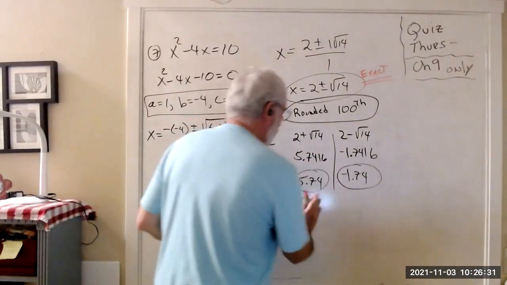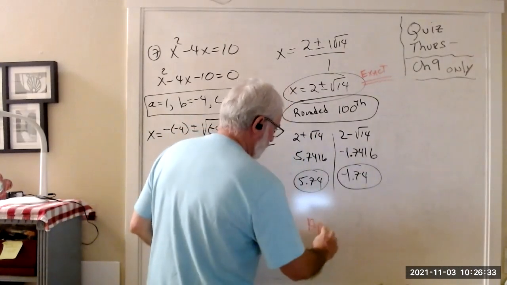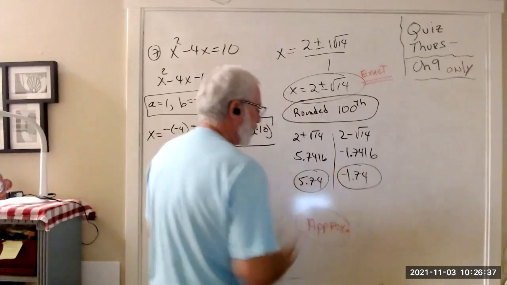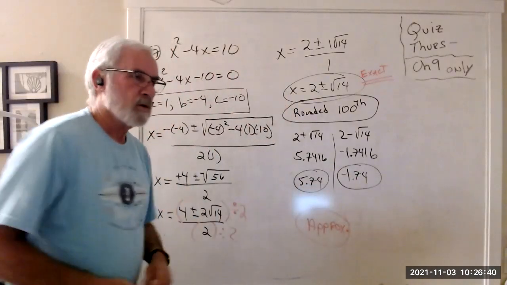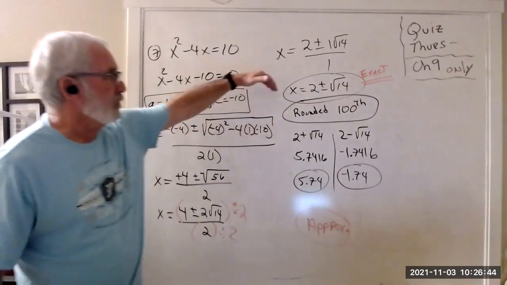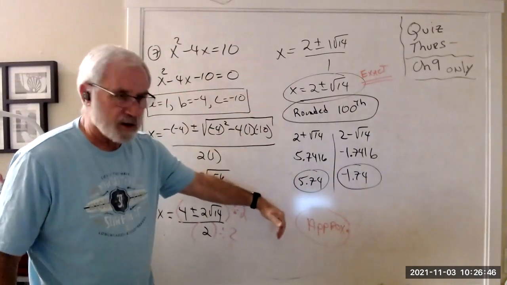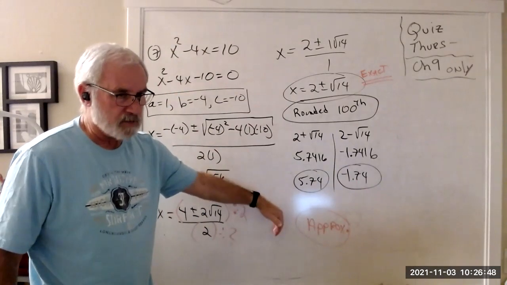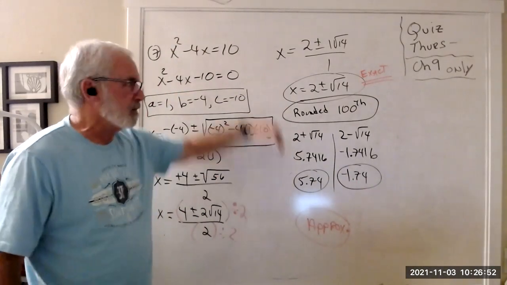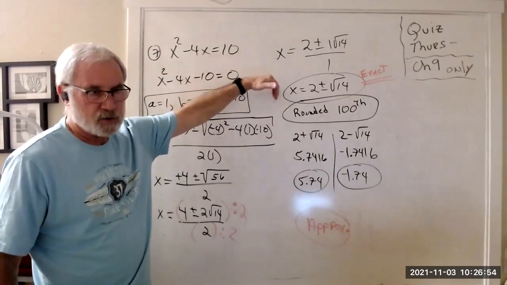I'm writing right in the glare. Okay, these are approximate, or these are the rounded answers. And a lot of the problems on MOM will ask you for the exact, and some will ask you for the approximate. Approximate means put all this into your calculator. Exact means don't. Just leave it there.